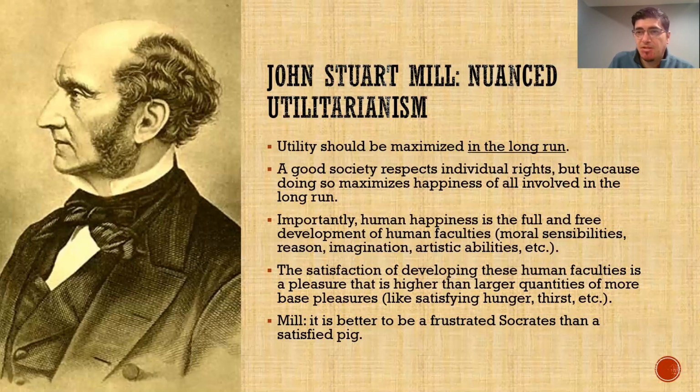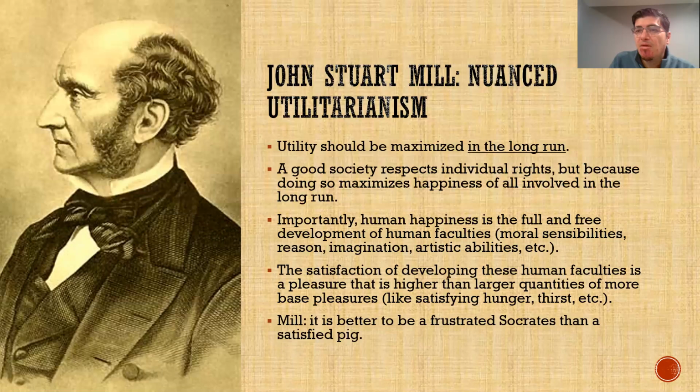And Socrates, as we've seen, ended his life frustrated. He could not convince the Athenians of the way of virtue and truth and philosophy. He did not have a lot of pleasure in attaining his goals. And yet, Mill thinks the little pleasure that he had, because he knew nobility, virtue, truth, is much more valuable than the much larger quantity of pleasure the satisfied pig has.